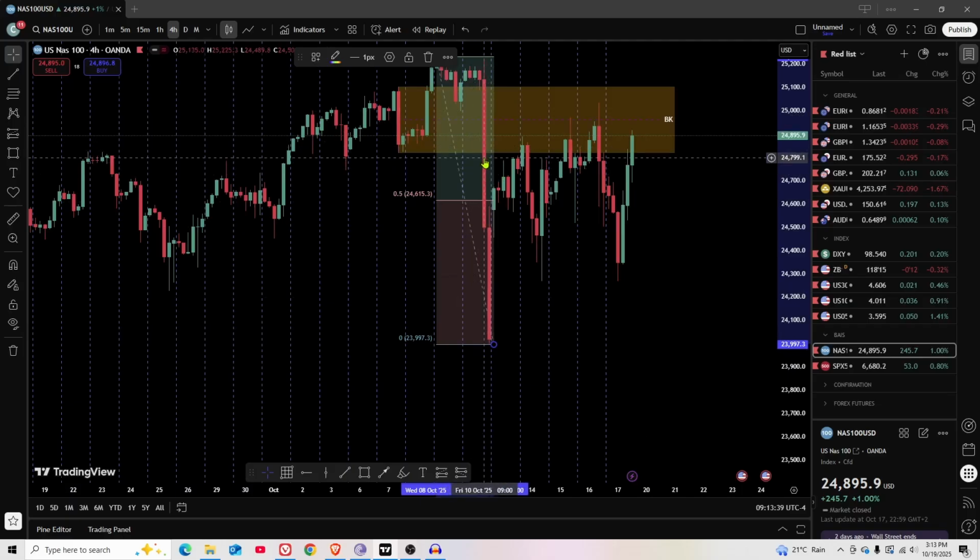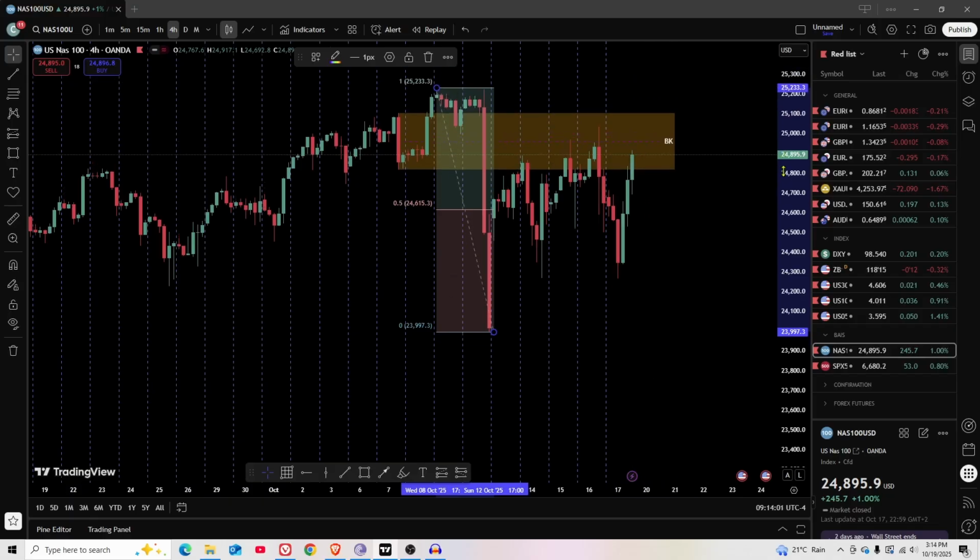And then above 50%, we have a breaker block. What I don't want to see on this market is the market violating this breaker block. If I have a candle closure above this breaker block, then that will mean that the market has resumed its bullishness. Then we'll start buying it again, going to the top.